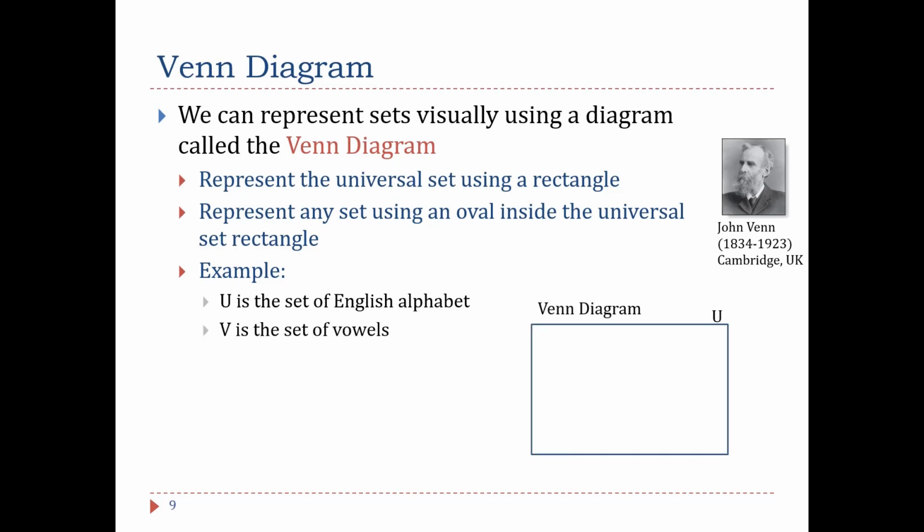For example, we can consider the set U to be the set of all English alphabet letters, and V to be the set of vowels.